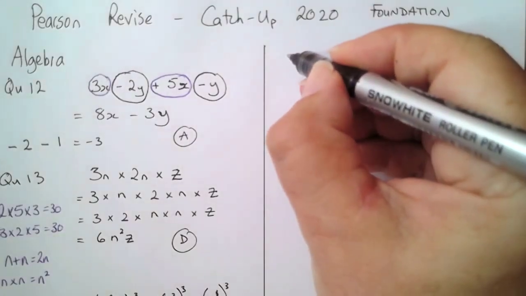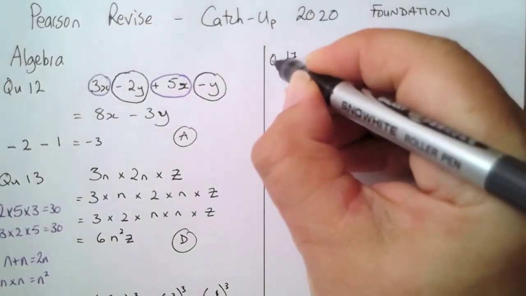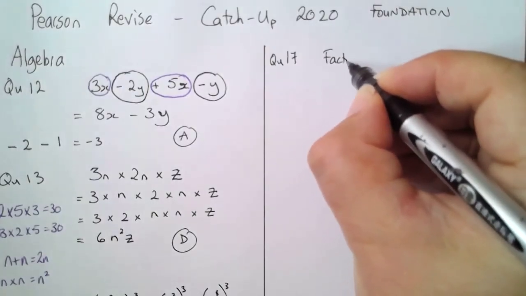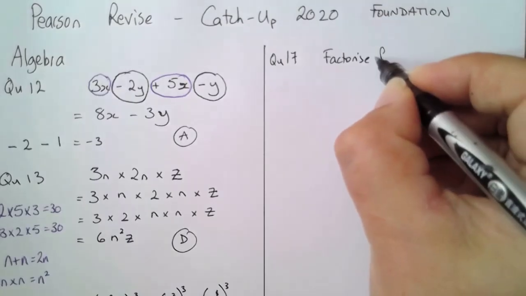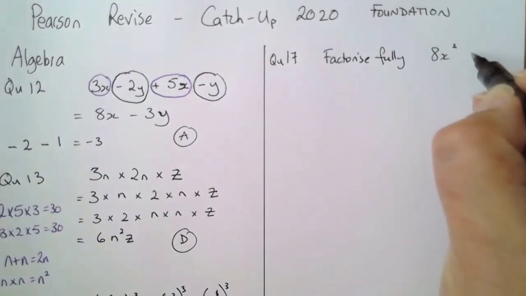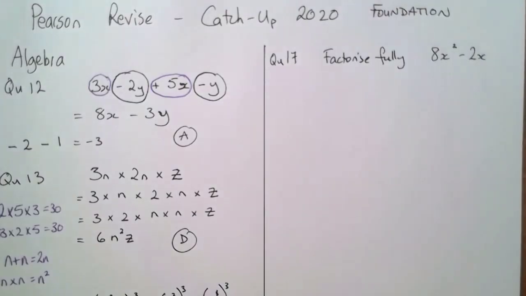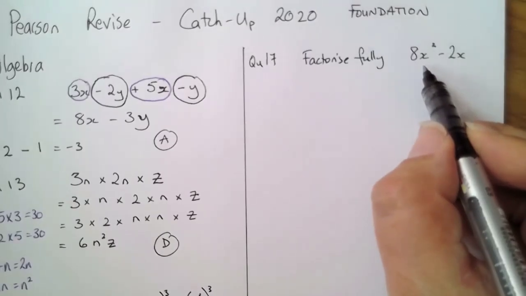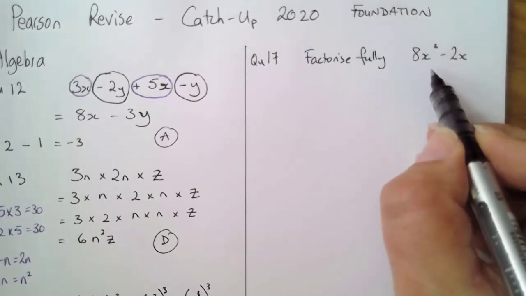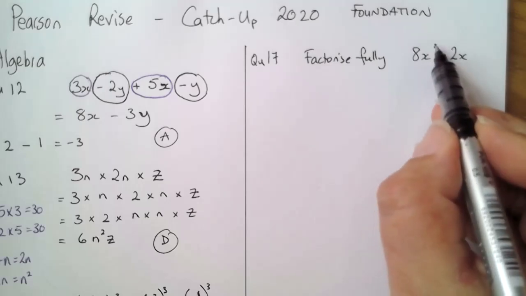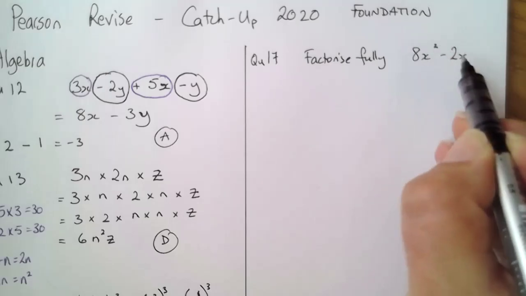We're going to factorize this time. We're going to factorize fully. 8x squared. Now, factorize means put into brackets. Although this has got an x squared term, we are only putting this into a single bracket because there is a like term here and here.